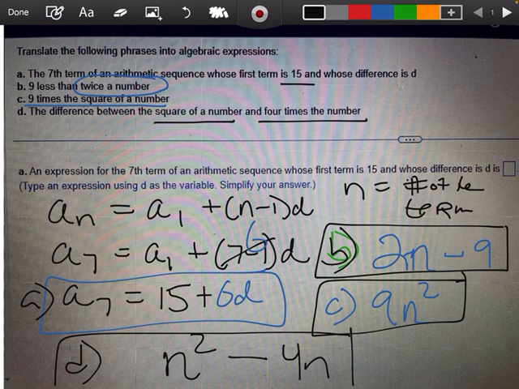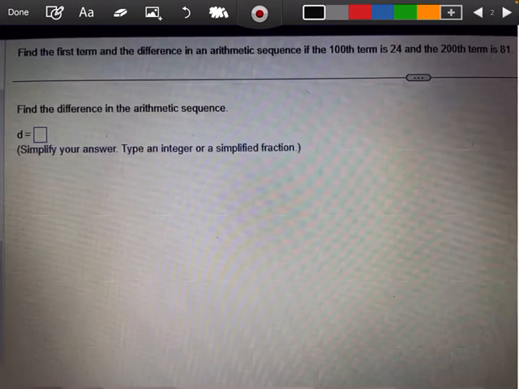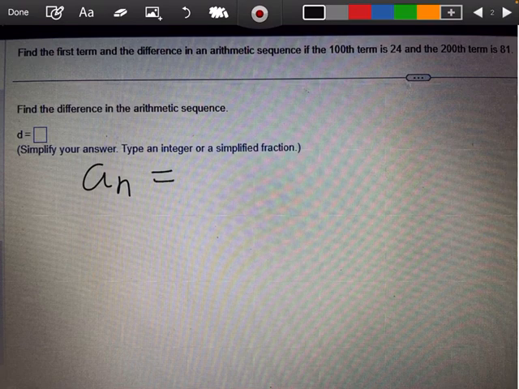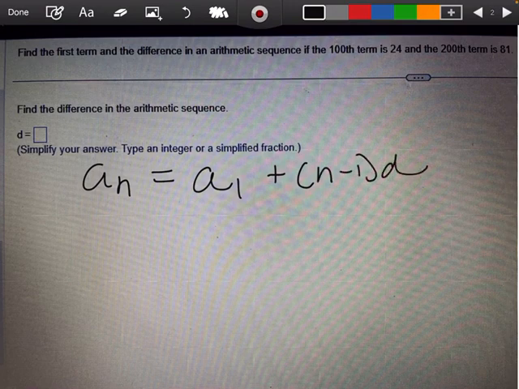All right, there's another question, y'all, that they asked me as well. It says, find the first term and the difference in the arithmetic sequence if the 100th term is 24 and the 200th term is 81. Remember, in general, for an arithmetic sequence, the nth term is the first term, a1, plus n minus 1 times d.